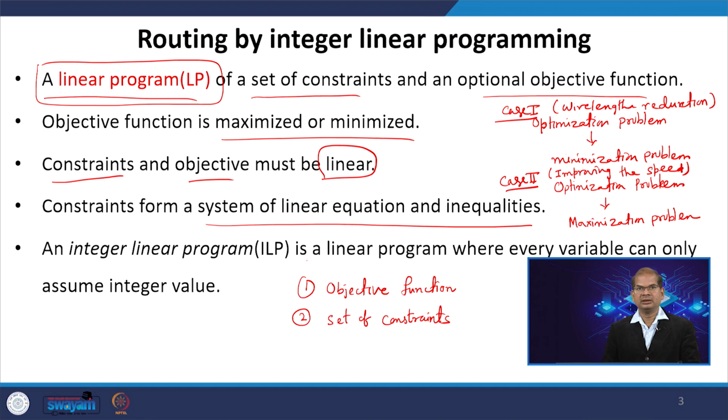Integer linear programming is a linear program where every variable can only assume integer values. In conventional linear programming, the variables can have any kind of floating point or fractional numbers, but in integer linear programming, each variable in the solution should have an integer value.